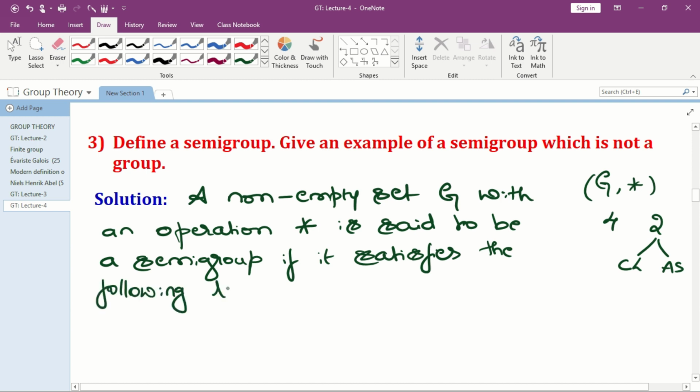How many laws? Only two laws. First one is closure law and second one is associative.